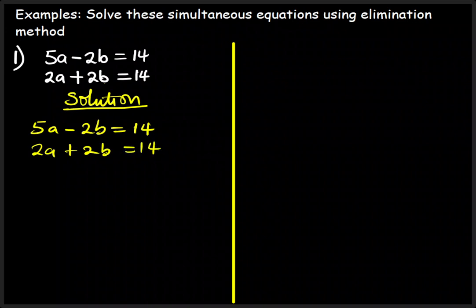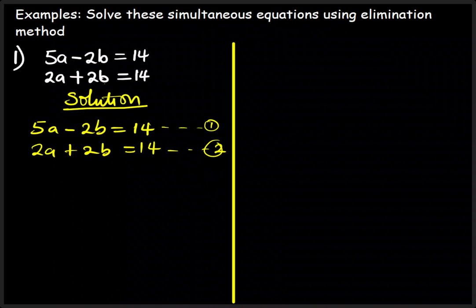Okay, like I said, in elimination method, look at the equations. We have two equations. This is equation 1 and then this is equation 2. So we'll carefully look at the two equations and then we'll see what to do.